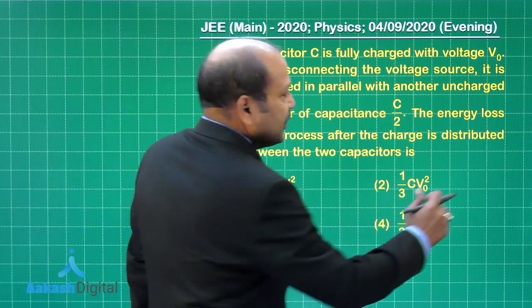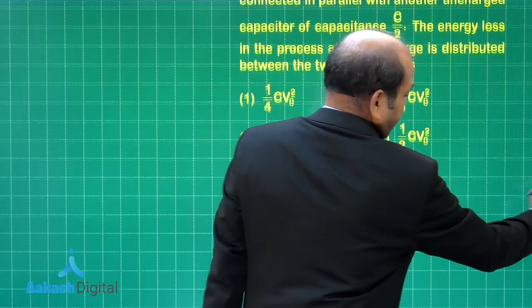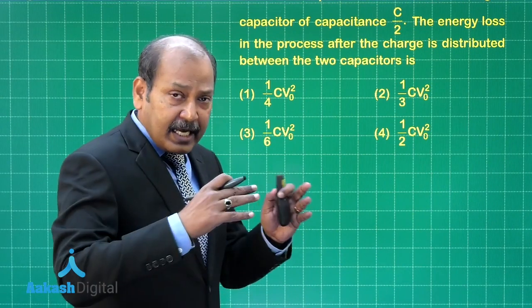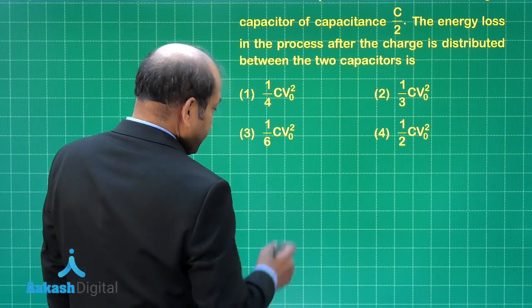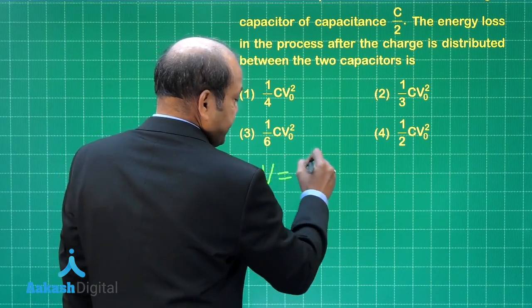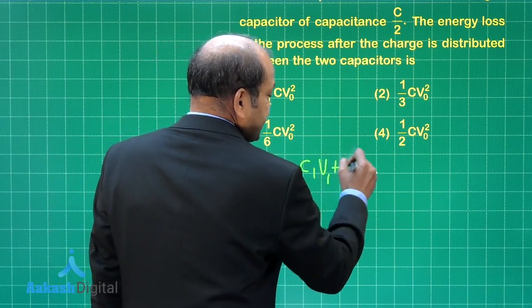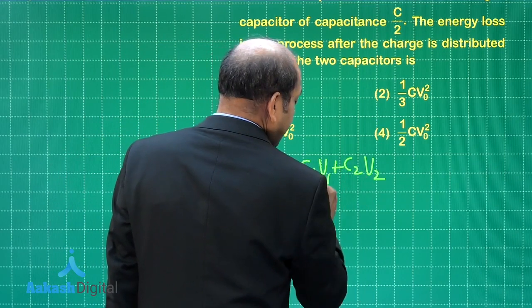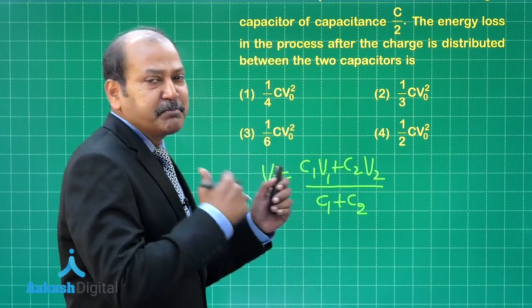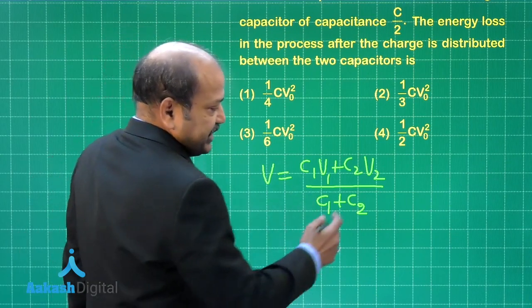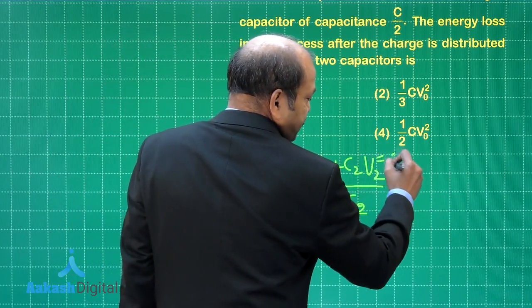The expression for the common potential when two capacitors are connected parallel to each other is given as the common potential V is C1 V1 plus C2 V2 divided by C1 plus C2. Now, in this particular case, this V2 is in fact given as 0.